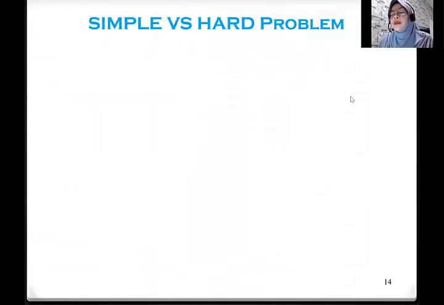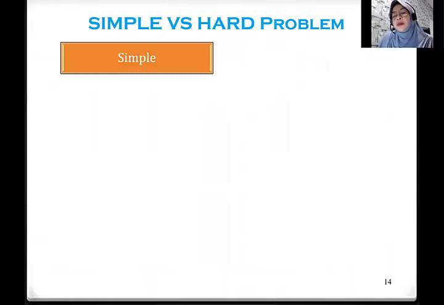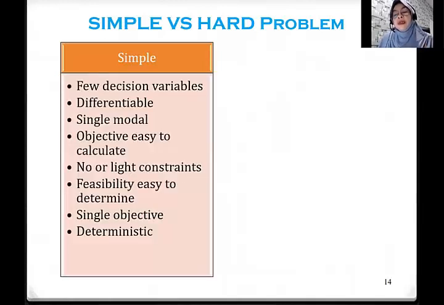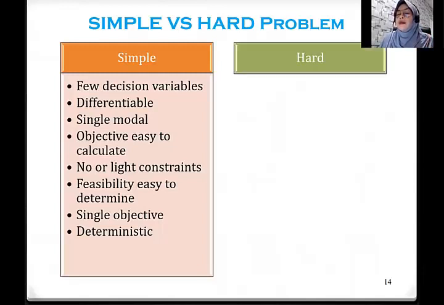So let's have a look at simple and hard problems. What are simple problems? A simple problem has few decision variables, is differentiable, single modal, has an objective that is easy to calculate, has no or few constraints, has feasibility that is easy to determine, and is single objective and deterministic. So what are hard problems?